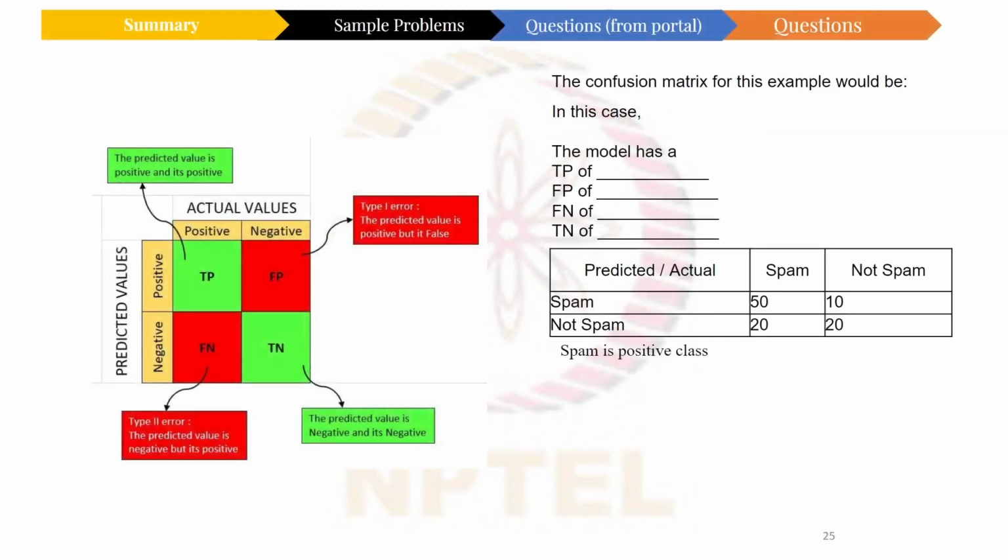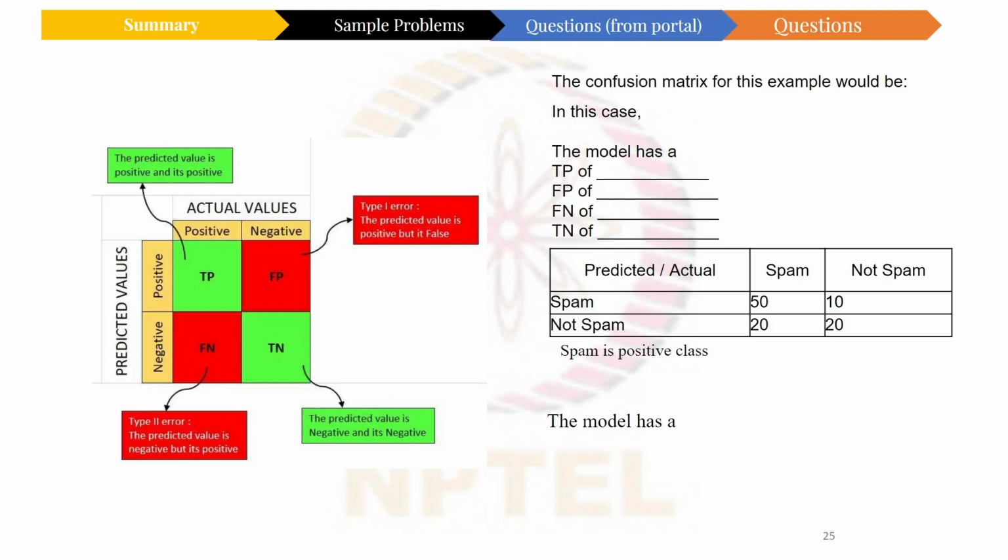So given a confusion matrix, try to find the true positives, false negatives and true negatives. True positive is when the predicted value is positive and it is actually positive.